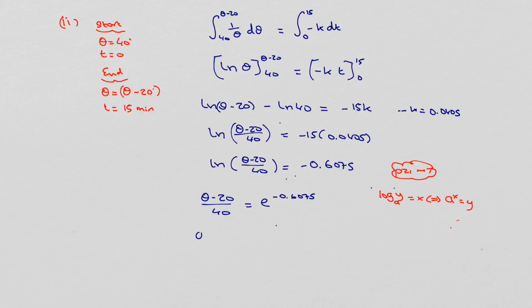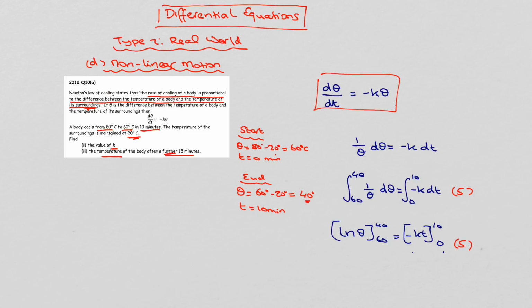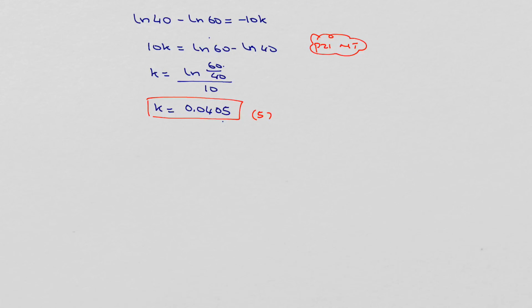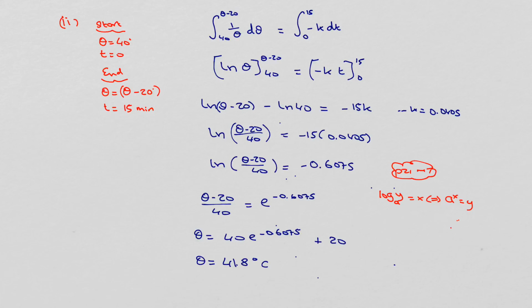And I want to get theta on its own, so I'm going to multiply both sides across by 40 and then add 20. And therefore that gives me theta to be approximately 41.8, and were units given to us in the question, it was, so it's degrees Celsius.